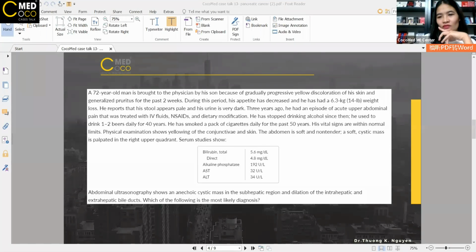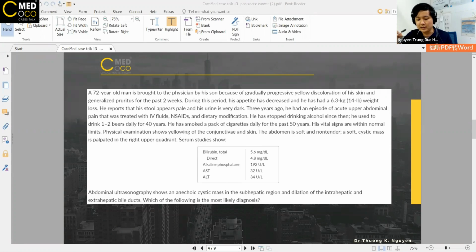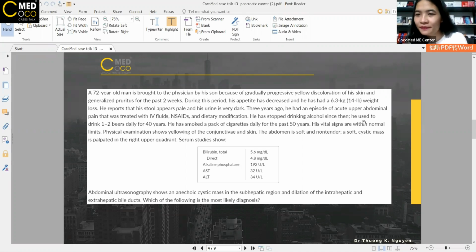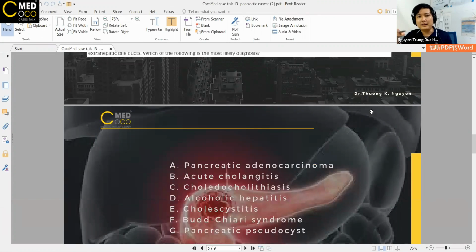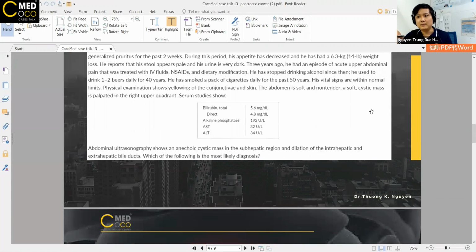Yeah, and when we do the examination, we can see the mass, a soft cystic mass. And the ultrasound shows an anechoic cystic mass. So I think it is about the gallbladder, the distended gallbladder.